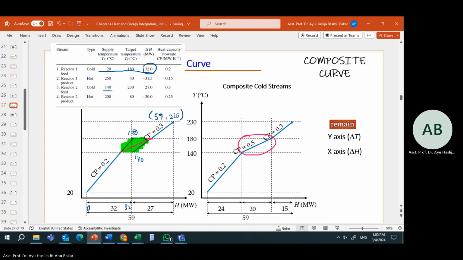How to find this 24, 20, and 15? How does it get these values? Extrapolate.